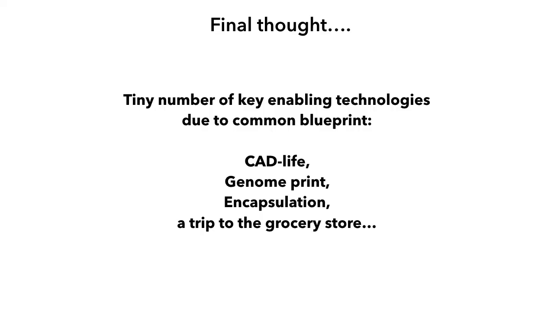You need technologies for printing the DNA once you've designed a genome. You then have to encapsulate the DNA. And then all you need is a trip to the grocery store to buy very simple precursors that allow you then to make a large number of copies of the object of the living matter that you've designed and built.